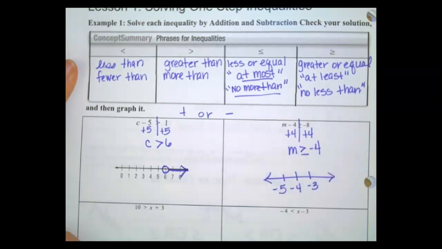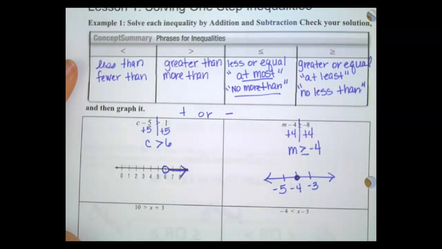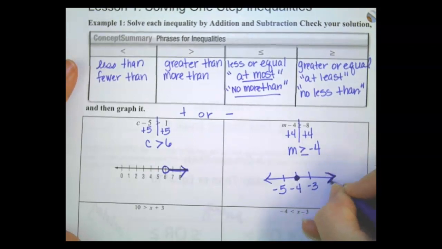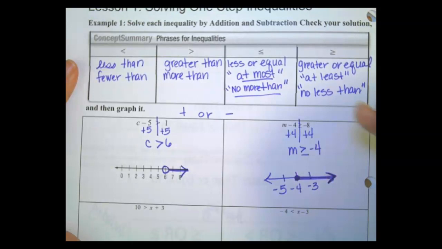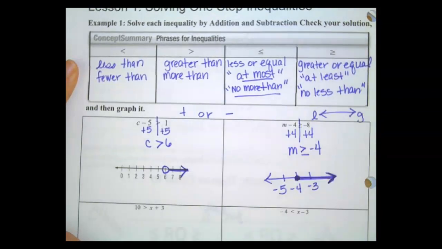Decreasing is negative 5. I just put 3 numbers in. So I'm going to have a solid dot because it's going to include that value. What numbers are greater? This way. This way is always greater. So when you have a number line, this is greater and this is less.